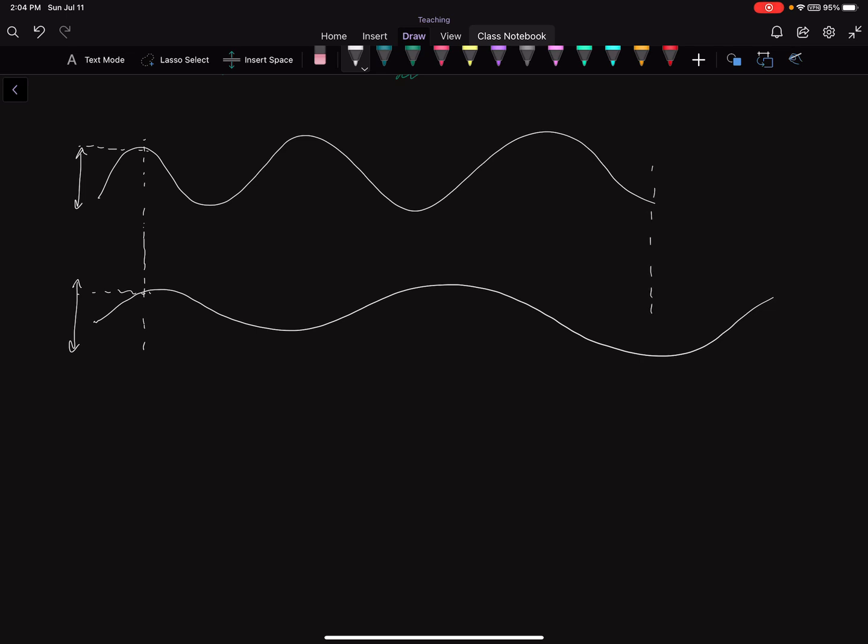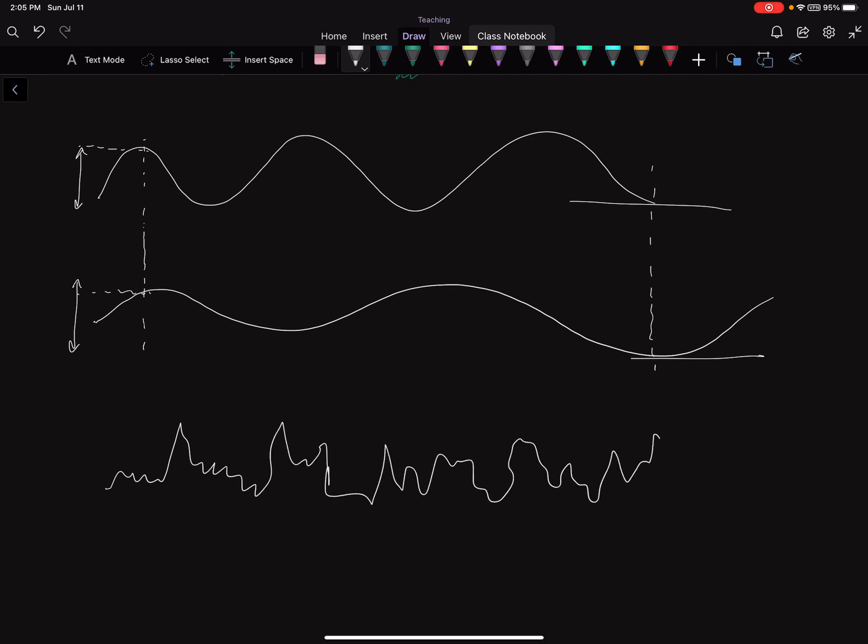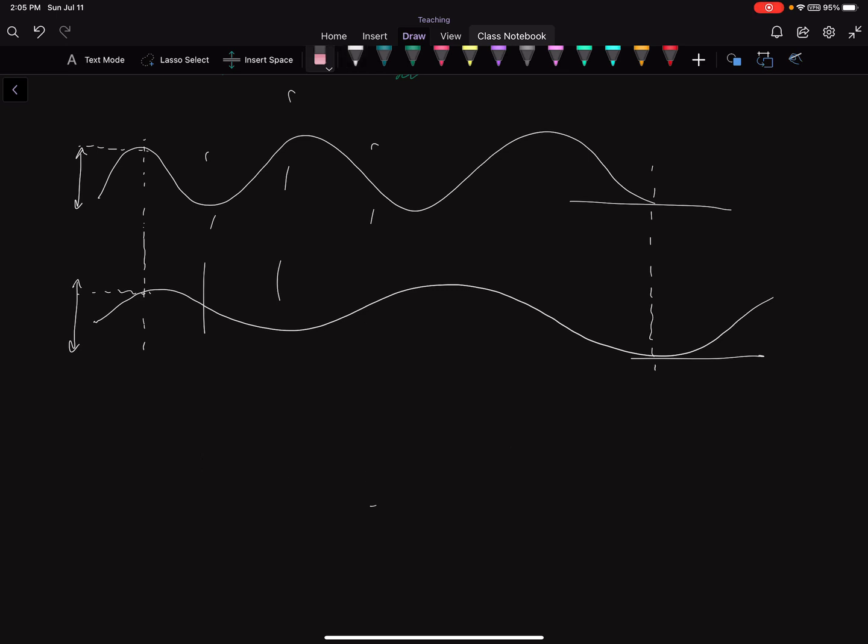Right around here, it looks like you would have the lowest, because this one's at its lowest and this one's also at its lowest. And everywhere in between, you get some other odd amplitude, which is some combination, right? Which is nothing like what I'm drawing, but it's some combination at every point. If you were to add what they are, it would add to some cumulative amplitude.